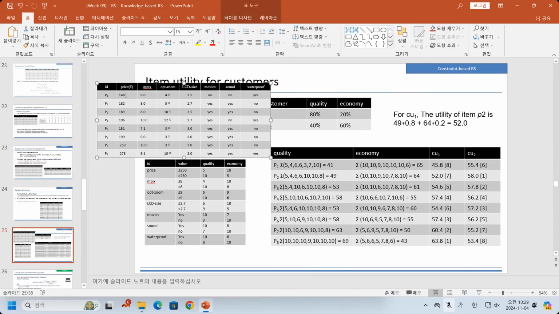For product one, the price is less than 250, then the quality is 5.